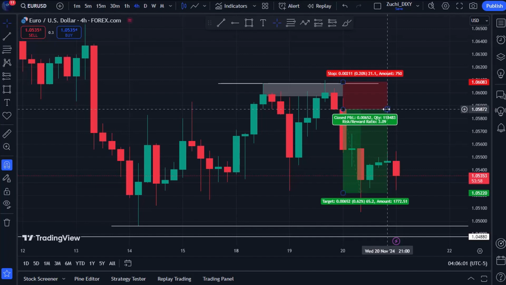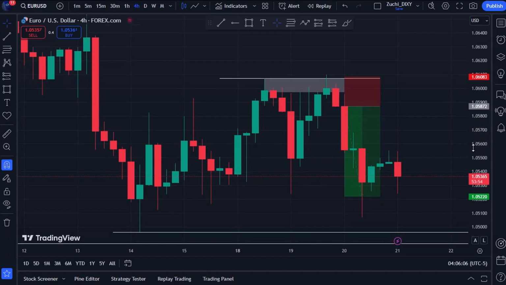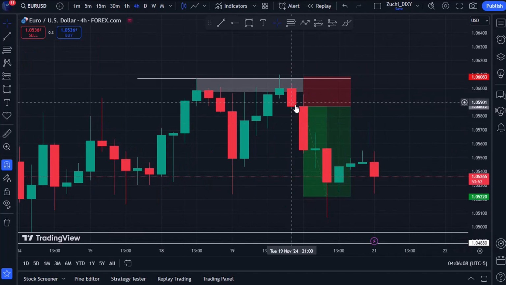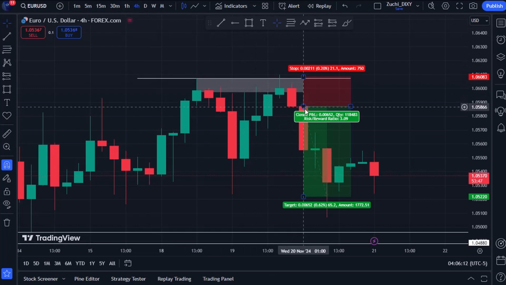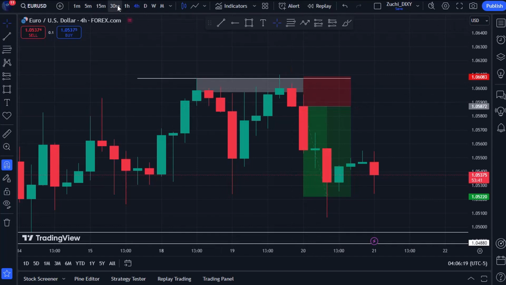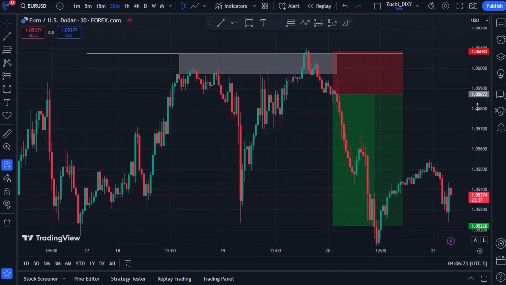But the amazing thing about understanding this concept that we actually talked about in our VIP premium course is that with the aid of that knowledge, you can still refine your entry. Instead of entering on the 4-hour candle upon the close, which is not a bad thing, all right, you can refine your entry by going into the lower time frame, all right, and waiting for price to do what?